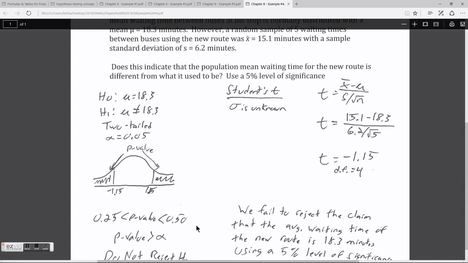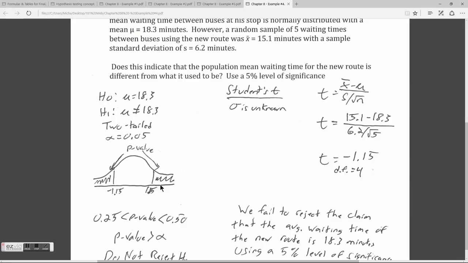So to compute the p-value for this test, I actually need to find the area down both ends of the distribution, being at least 1.15 standard deviations away from the mean, either way. In order to do that, I need to use my student's t-table.